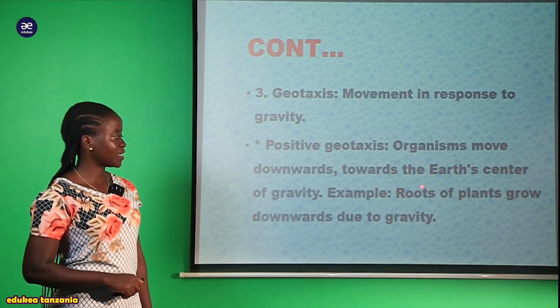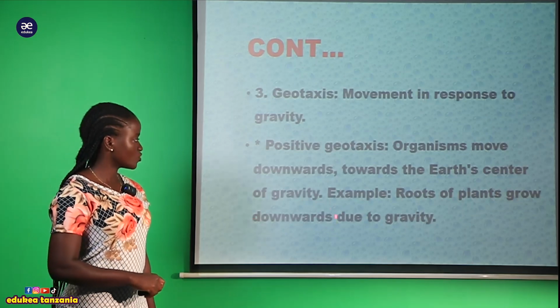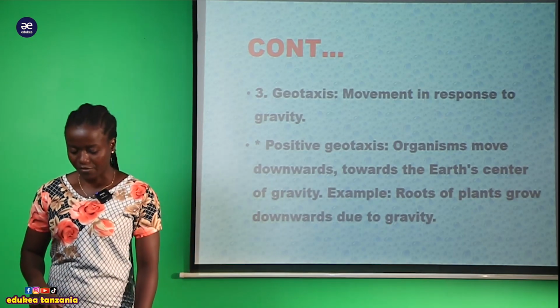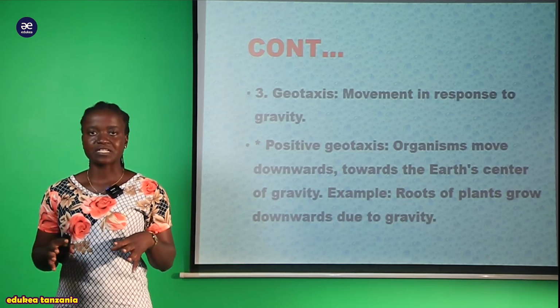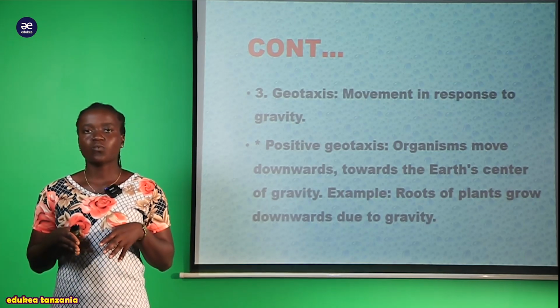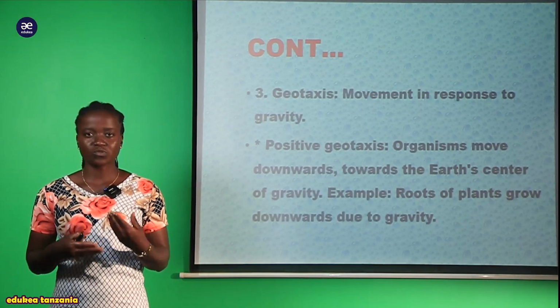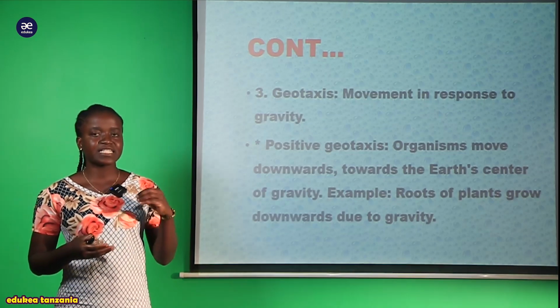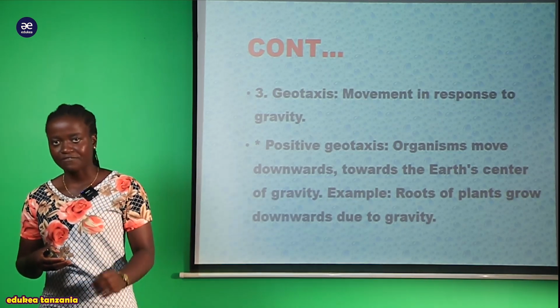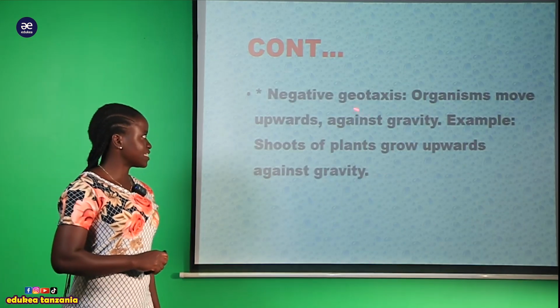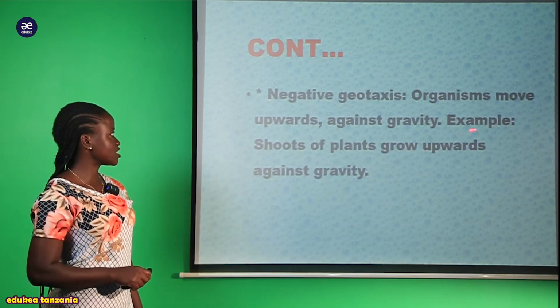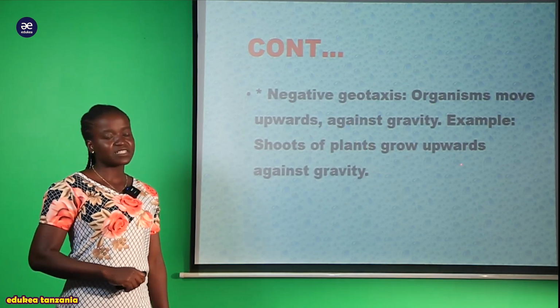A good example we have the roots of a plant growing downward due to the gravity. So hapa mti unakuwa, kwa mfano ile mizizi inakuwa ina grow kwenda chini, na kule chini ndiko tunasema kwamba it is the center of gravity. A negative geotaxis, organism move upward against the gravity.